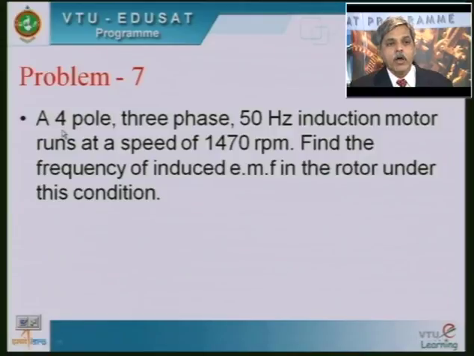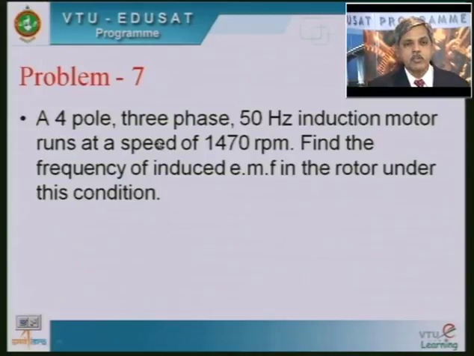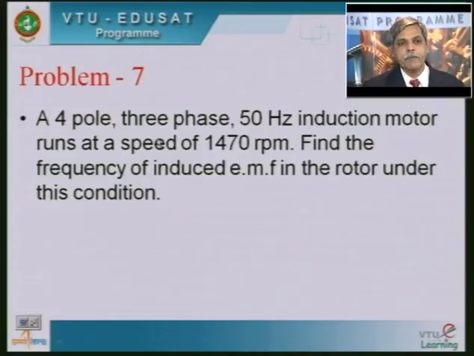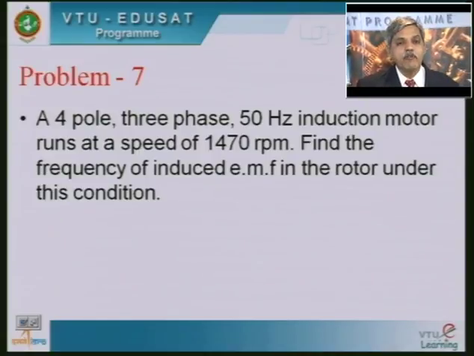That can be calculated using the number of poles and the frequency, 120 F by P. So 120 into 50 divided by 4 gives 1500 RPM as the synchronous speed, and the full load speed is 1470. So the relative speed is 1500 minus 1470, which gives 30 RPM.